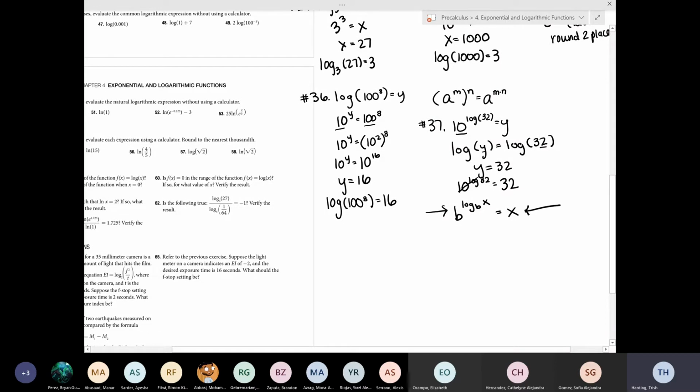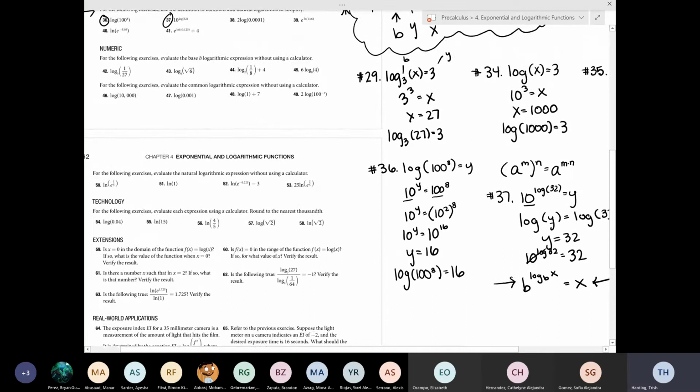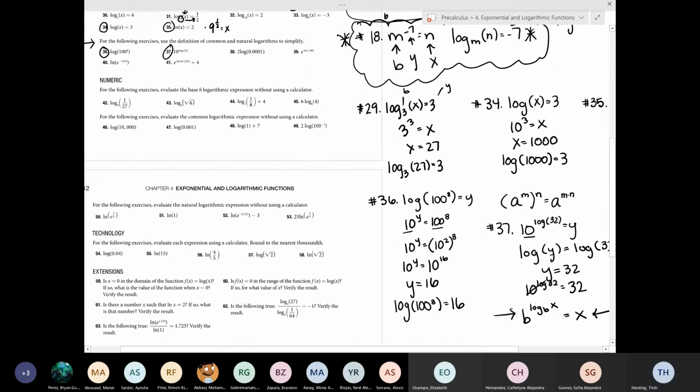This is sort of like an identity. So the base to the log with that base is just going to equal whatever is inside that log. So that's an interesting one.